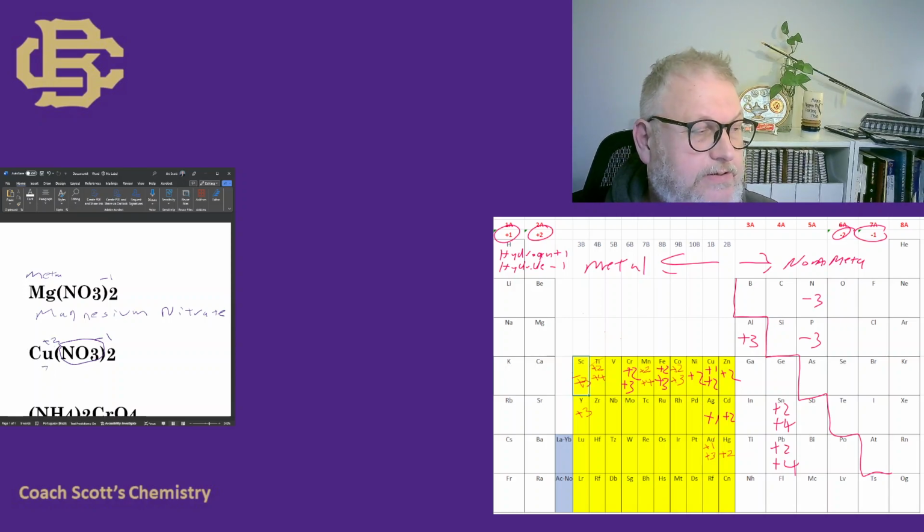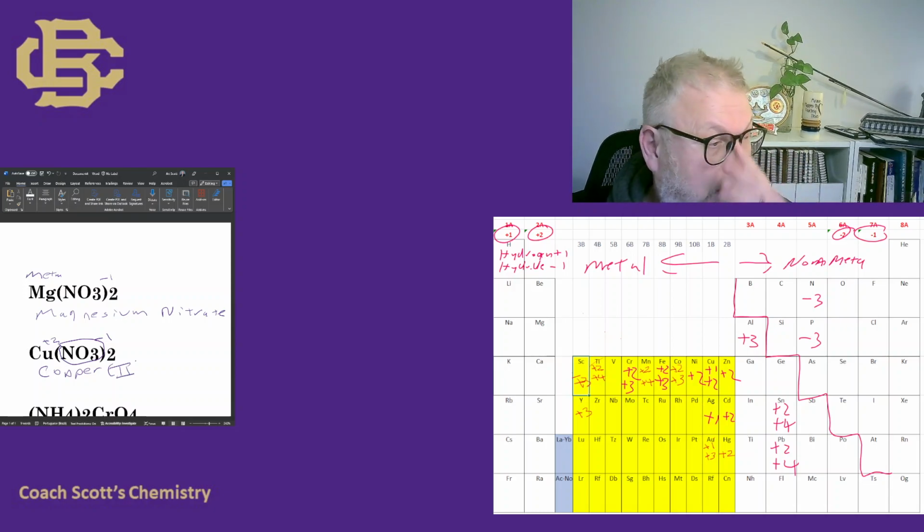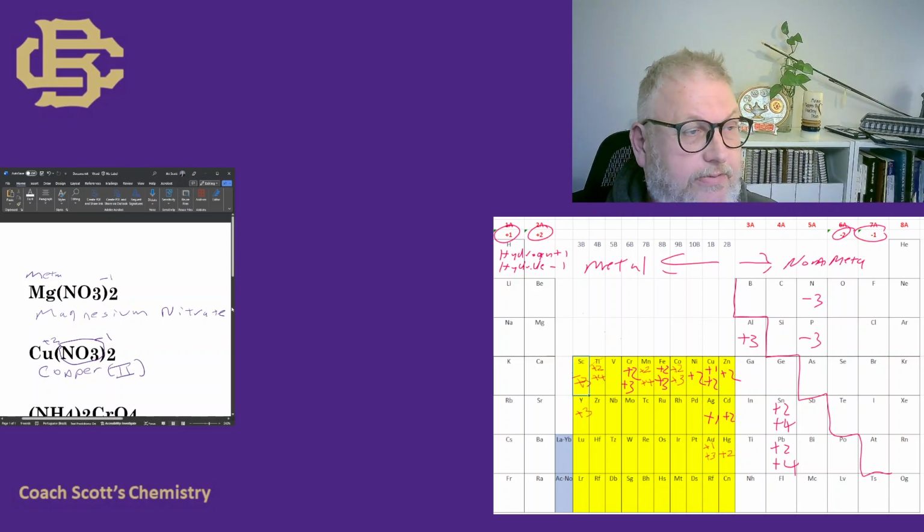So this has got to be copper, and I need to let everybody know what it is, so I'm going to put a Roman numeral there. It means it's got a plus 2 charge, copper(II), and look at the name, nitrate, write it down. And that's how you name that.